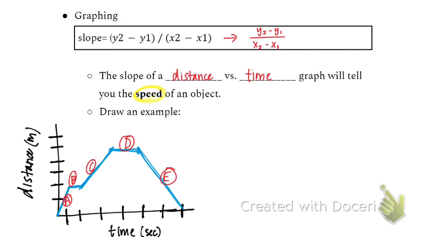So if this is a distance versus time, a speed graph, what's happening on your flat sections? They're not moving, they're at rest. What about at E?